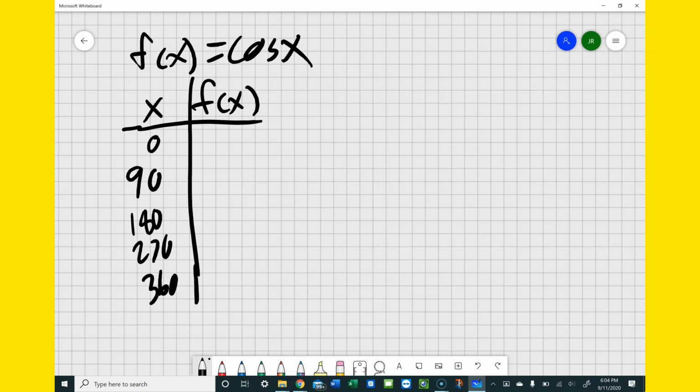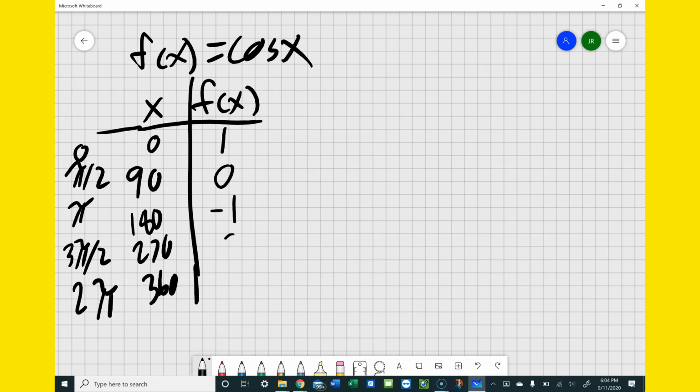Or if we put it in radians, cosine of 0 is 1. Cosine of 90 is 0. Cosine of 180 is negative 1. Cosine of 270 is 0.